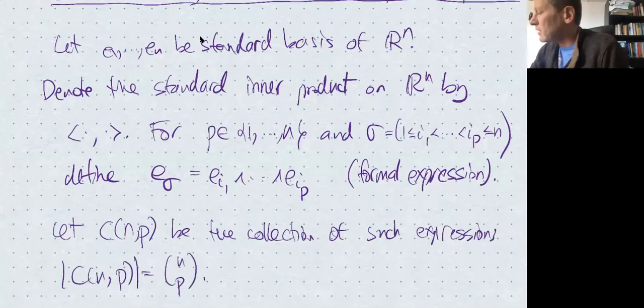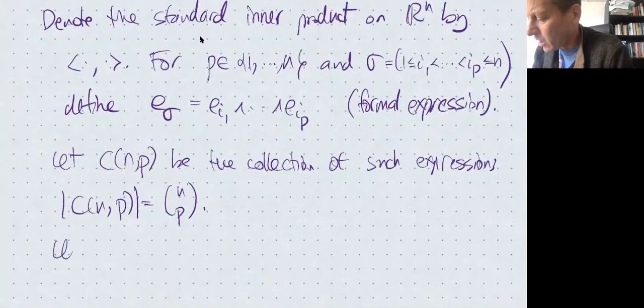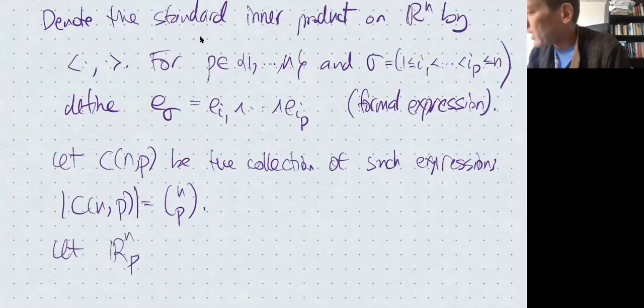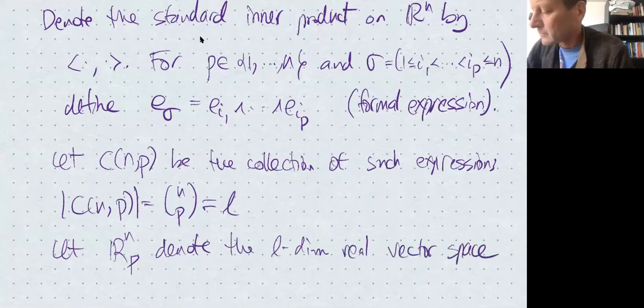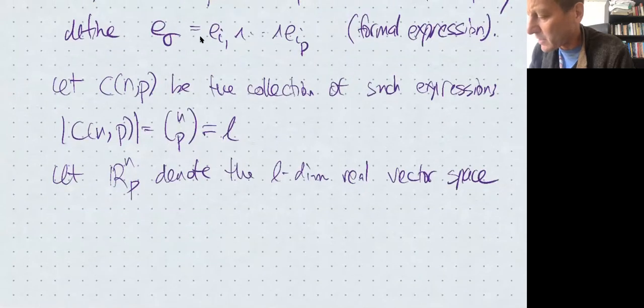And let's call this number, say L. Let's let R and P denote the L-dimensional real vector space spanned by the E sigma.